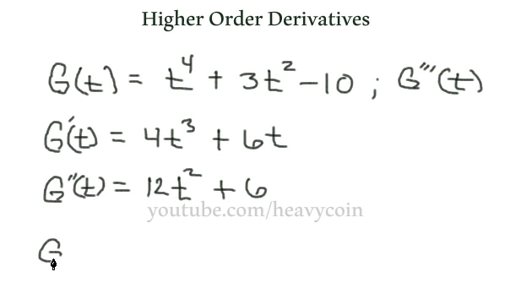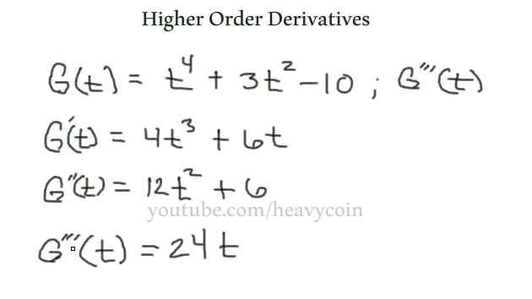And now we're going to find the third derivative of g with respect to t. We get 2 times 12, which is 24t. So there you go. That's the third derivative of g of t.